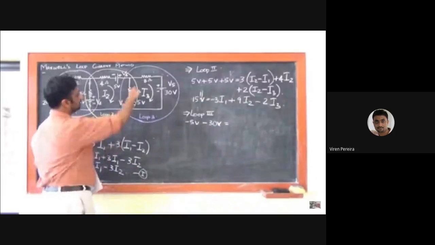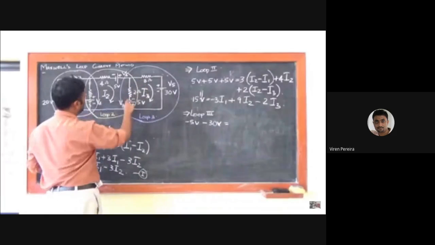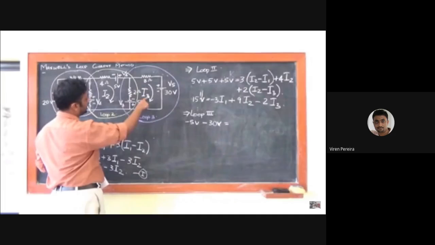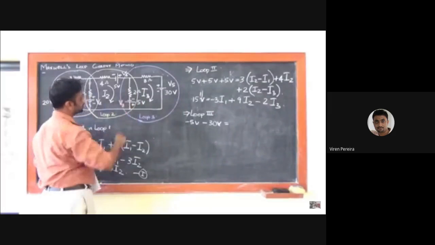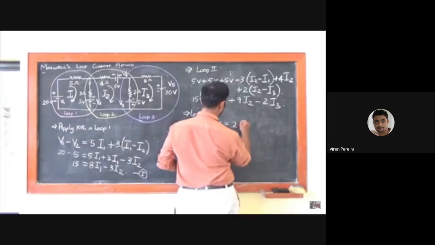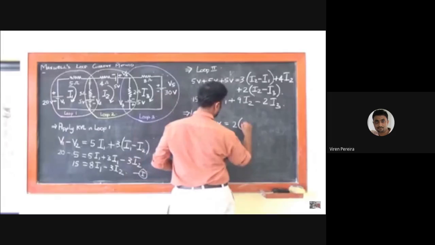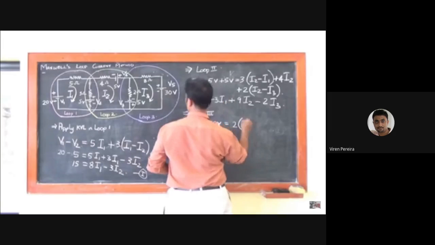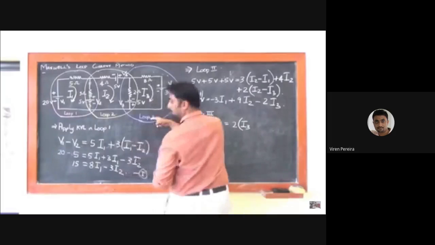now the currents. I have my I2, I have my I3 linked with this 2 ohms resistor. So I'll start with this 2 ohms. I3 gets preference because it's pertaining to loop 3.